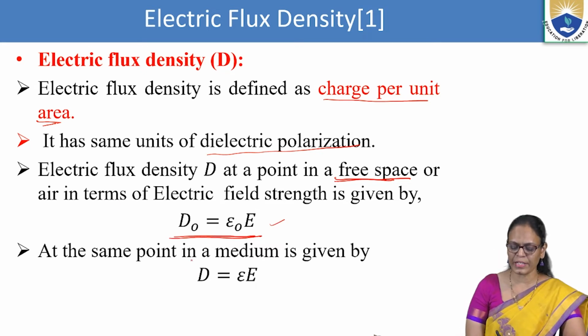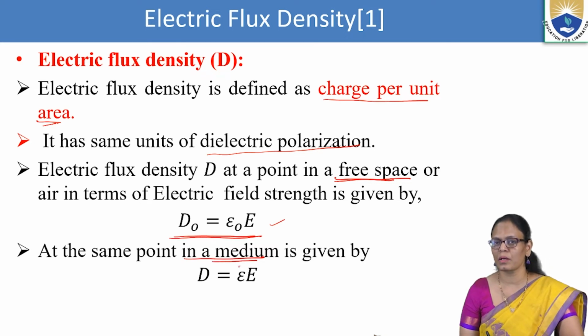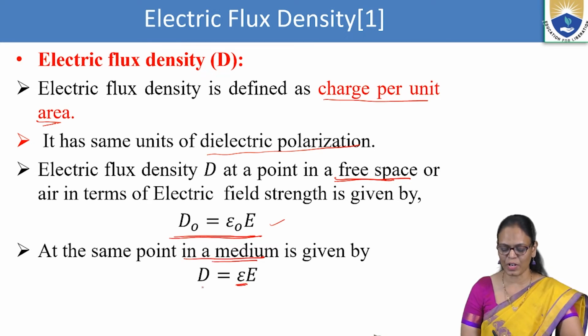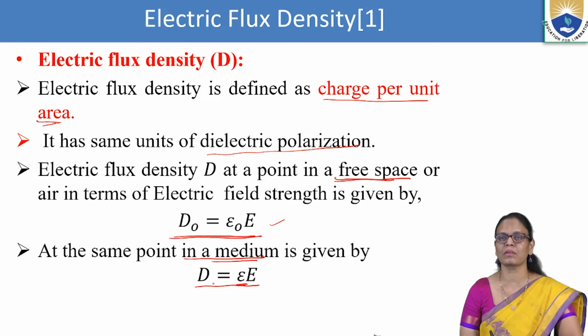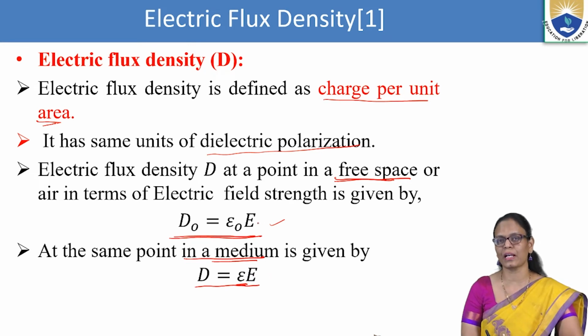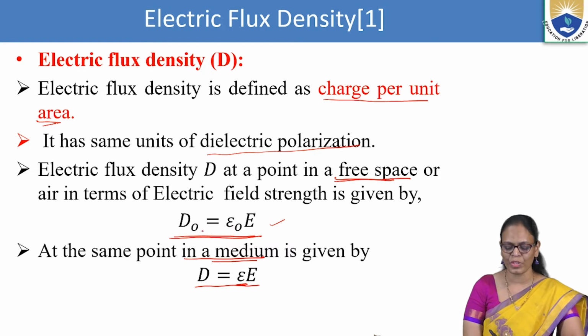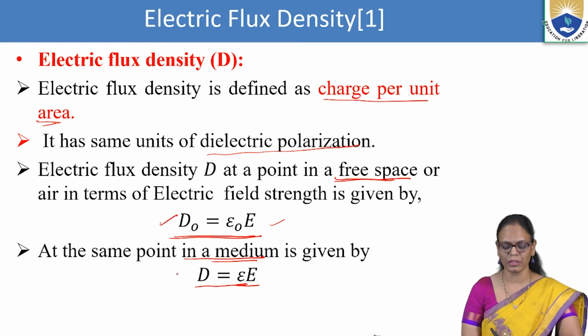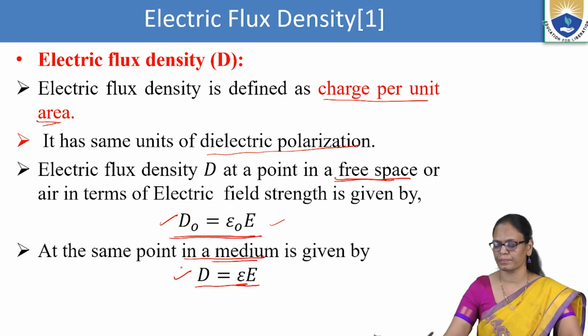In any medium whose permittivity is epsilon, the flux density is D is equal to epsilon E. So, knowing the electric field and the permittivity of the medium, we can easily write the flux density.